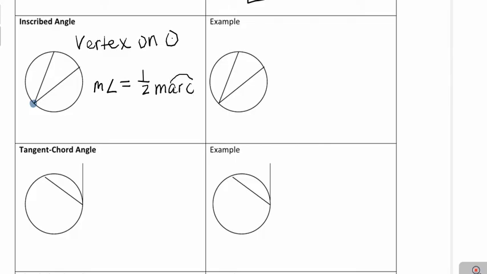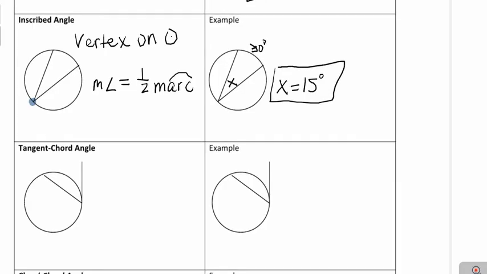So the measure of the angle is half of the arc. So if we wanted to find the measure of this inscribed angle and we knew that the minor arc was 30 degrees, then our x would be equal to 15 degrees, half of that arc.